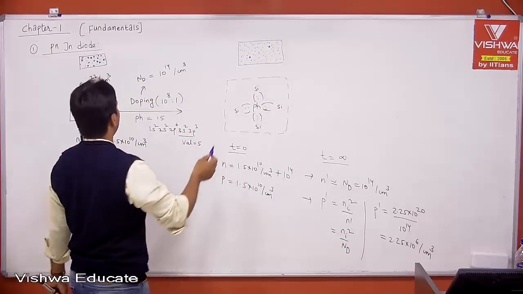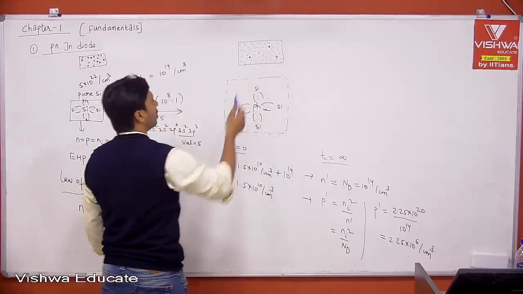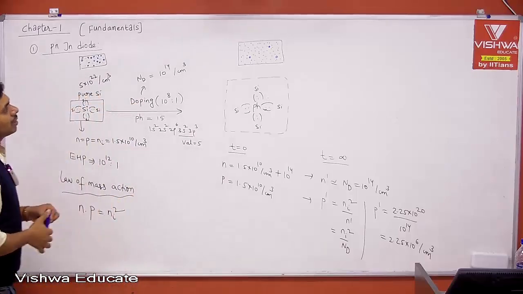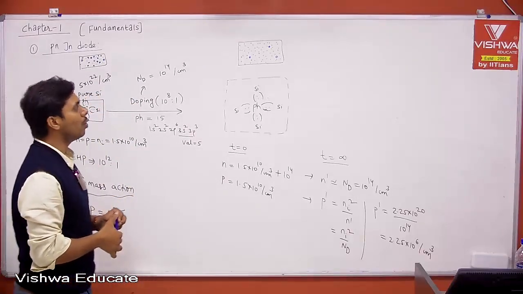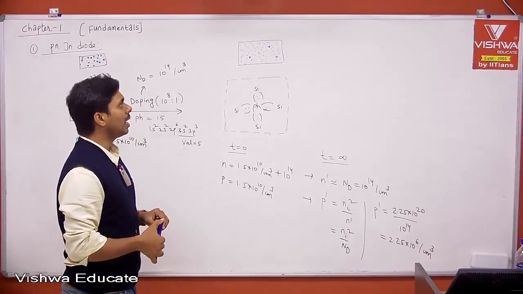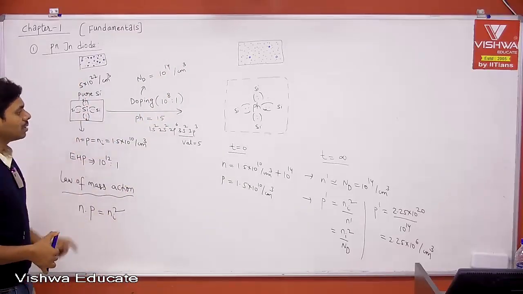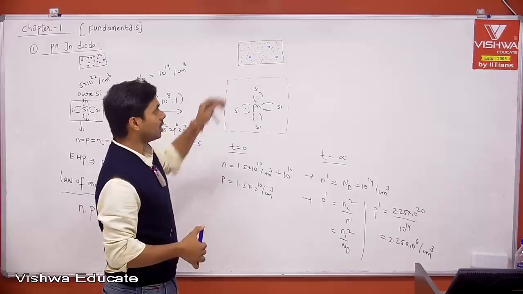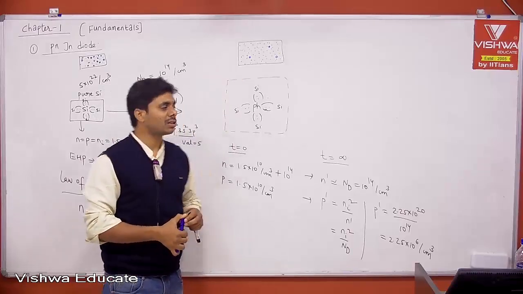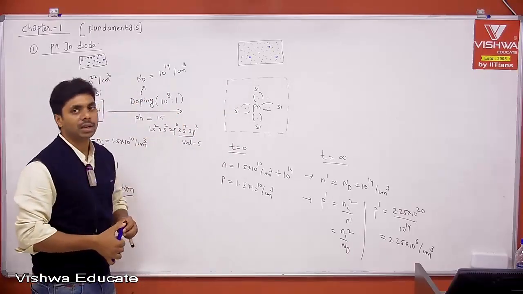I am just representing because your hole concentration decreases. Therefore, tell me what is your majority carrier? Electron; minority carrier, hole. That is because of doping, and your hole concentration decreases from your intrinsic carrier concentration. That is because of recombination due to excess number of electrons, that is due to the doping.